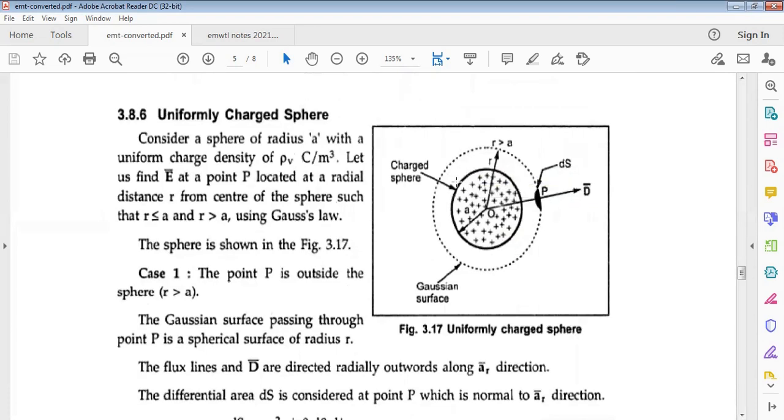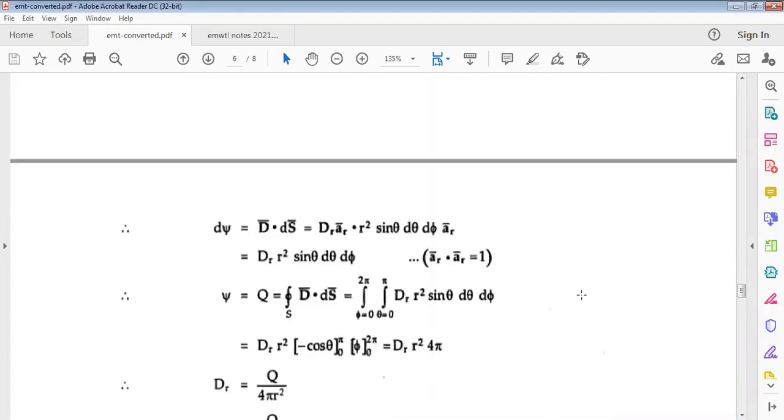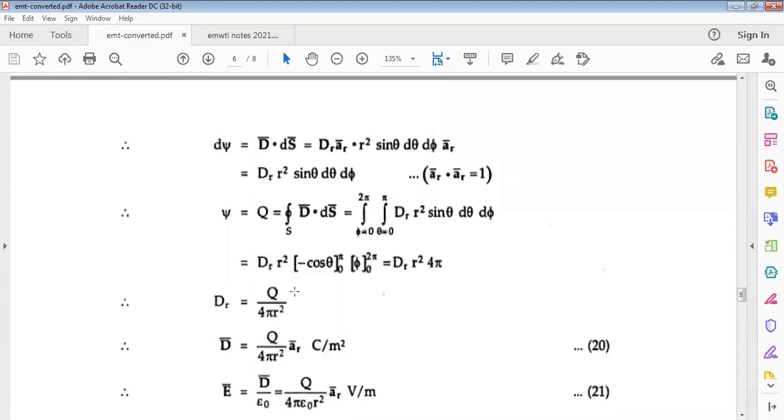On the shell also there is an effect. Inside also there is an effect, because there is charge inside. Now, because it is considered as a volume, with rho v, if r is greater than a, the effect occurs, and inside also it is affected, by 4 pi r square.